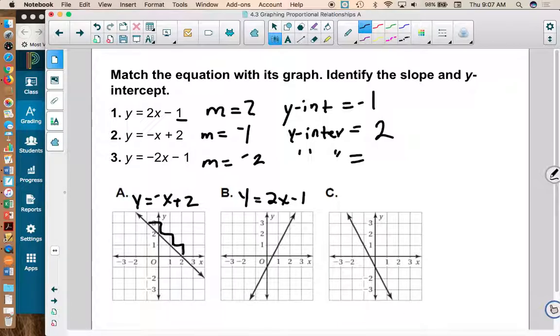Good. Okay. So if I look at C, does it cross the y-axis at a negative 1, Marissa? Okay. Does it have a slope of negative 2, Annie? Yes or no? Okay, that's good. That's the answer. If that's what you got, that's what I need to know.